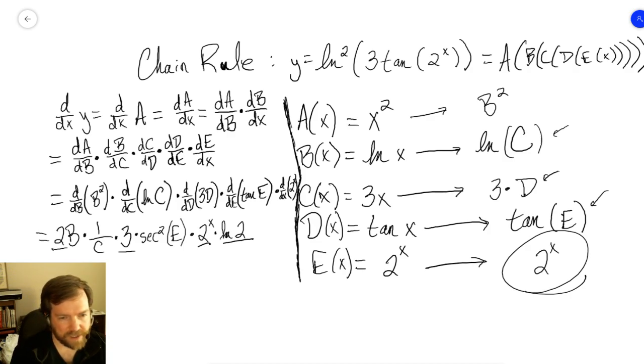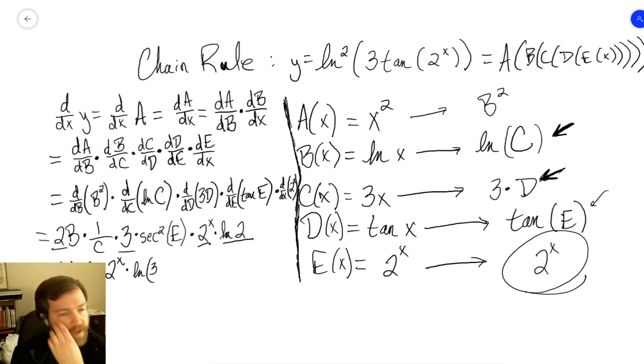So this is going to be 6 natural log of 2 times 2 to the x times b, which is natural log of c. C is 3 times d.